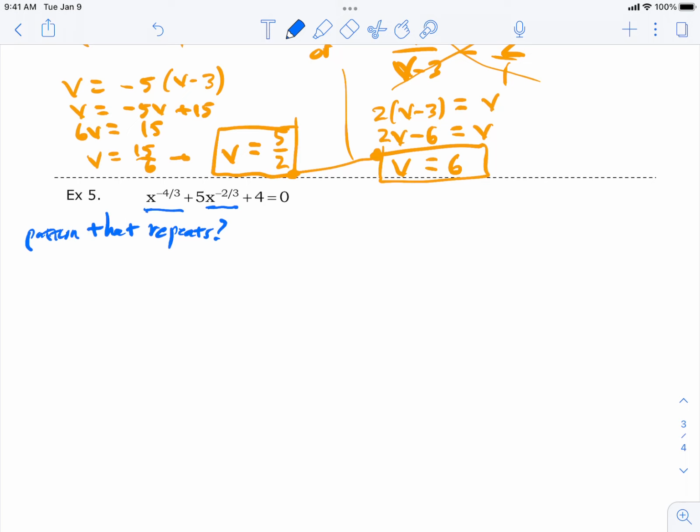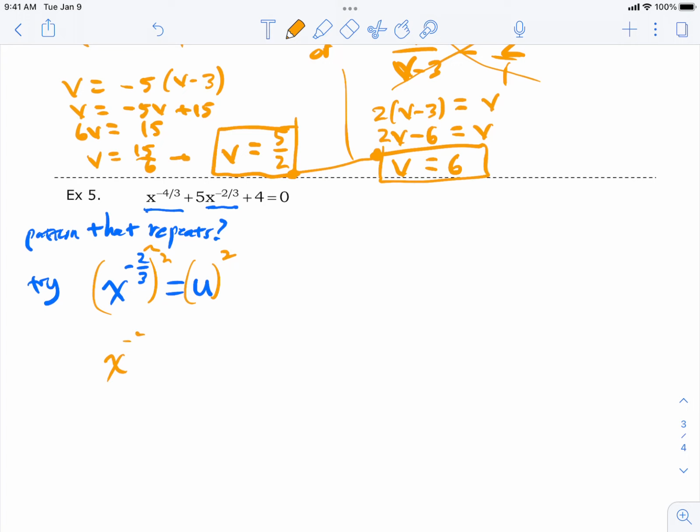My guess is that we're going to want to use one of those as our u. Let's just think for a second. What would happen if I used this x to the minus 2/3? If I call that my u, what would happen if I squared both sides? Over here, remember, you would just multiply your exponents.